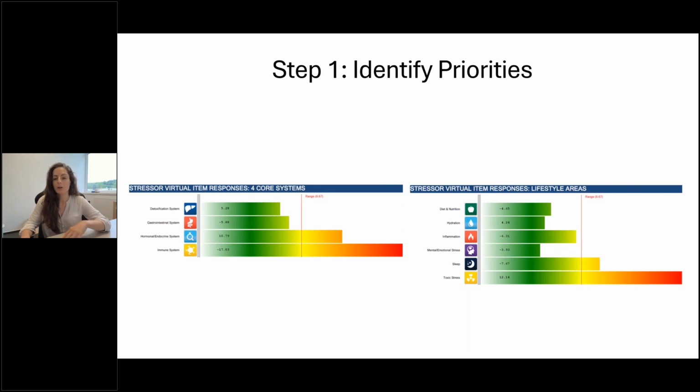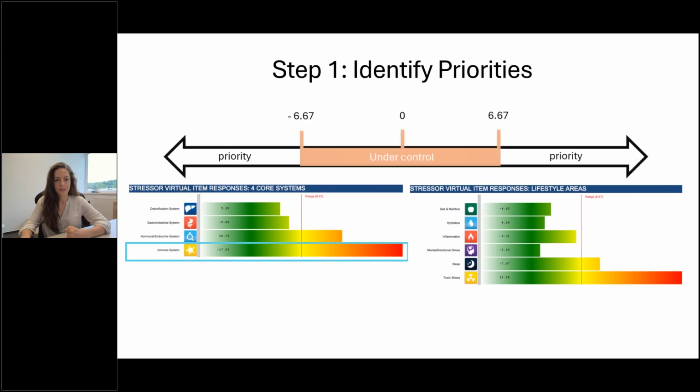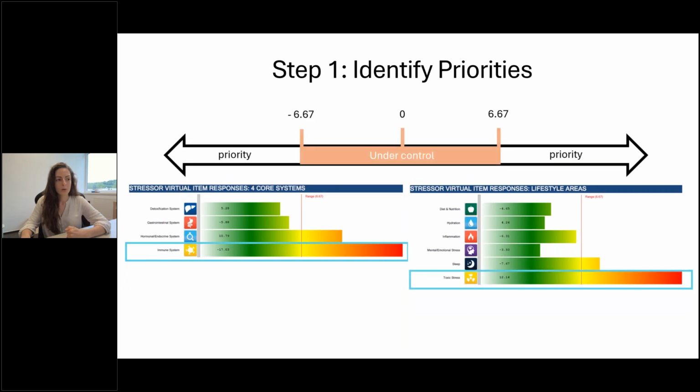You have to tell them the priorities to focus on during this journey, or during this wellness improvement program, are: number 1 would be the immune system, number 2 would be the toxic stress, and number 3 the hormonal system or endocrine system. I wouldn't do more than 3 priorities because then it gets to be too much information.